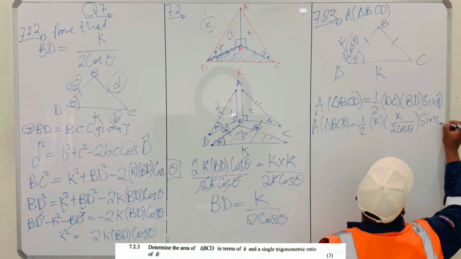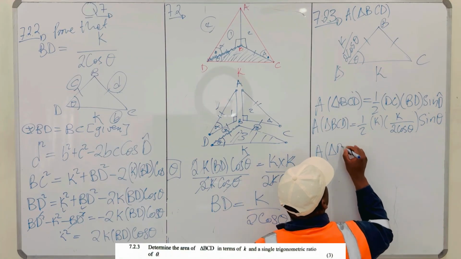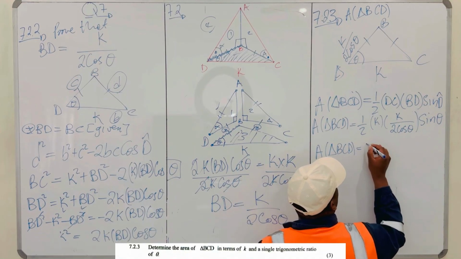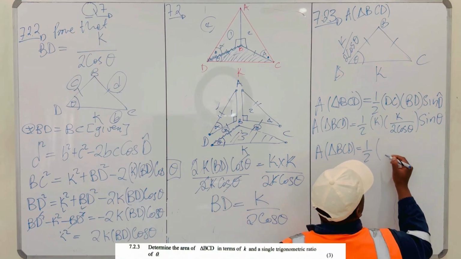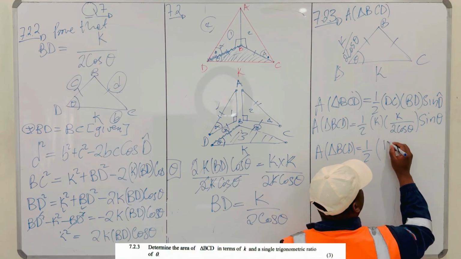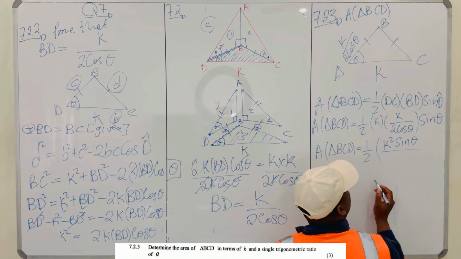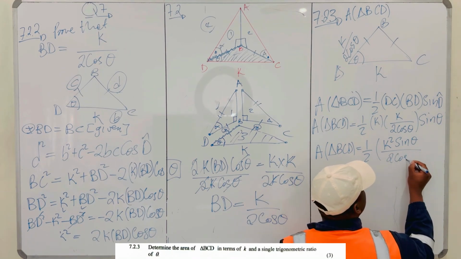Your angle D is theta. So your area for triangle BCD is equal to half of K times sine, so you have K squared sine theta all over 2 cos theta. That's what we have.